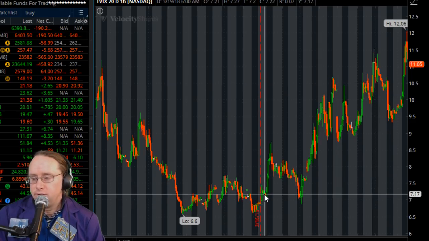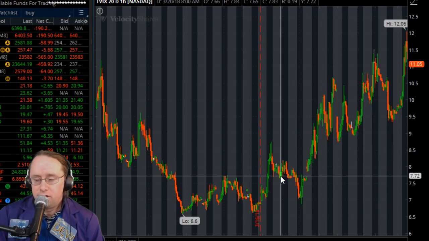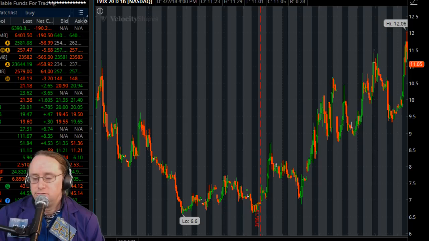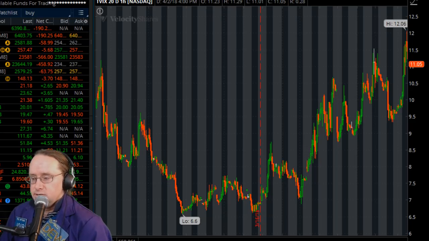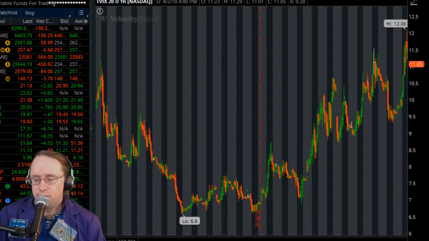The only word of caution I have for people who want to play on the long side here is to go back to your term structure and check it out from time to time. But it appears it's going to take an extended rally in the market to get us back into contango and to a situation where there's a lot of decay for TVIX holders.